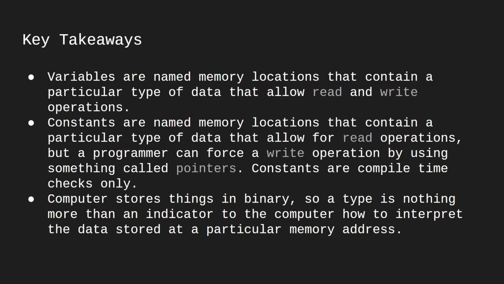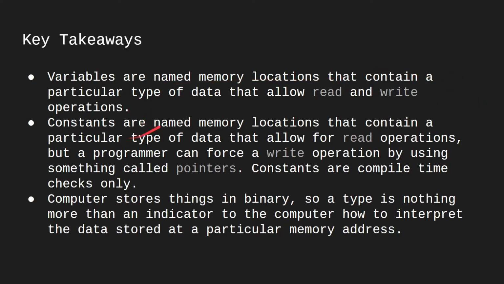So some key takeaways. The variables are named locations that contain a particular type of data that allow read and write operations. Constants are, again, named memory locations that contain a particular type of data that allow for read operations only during compilation process.